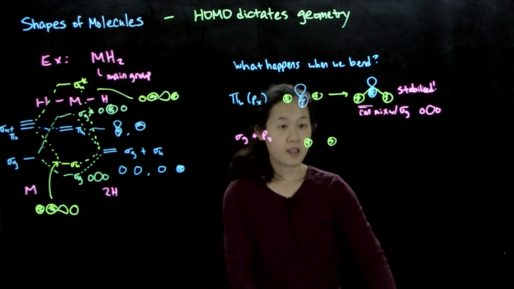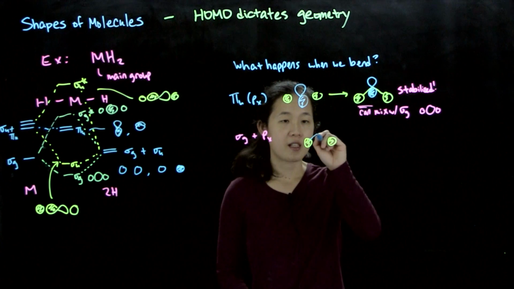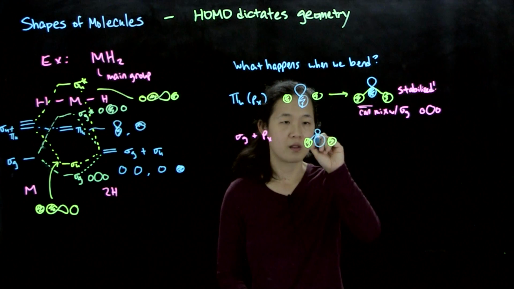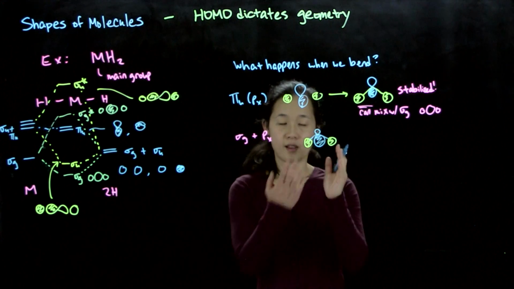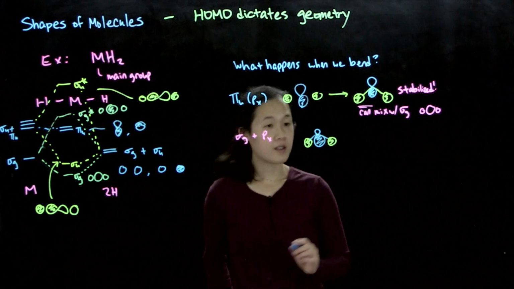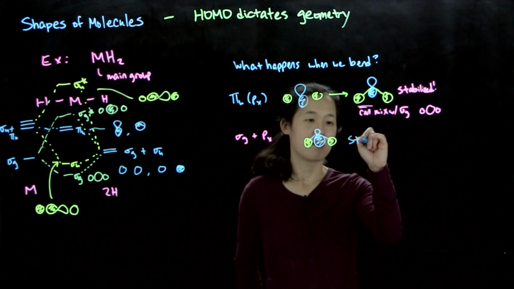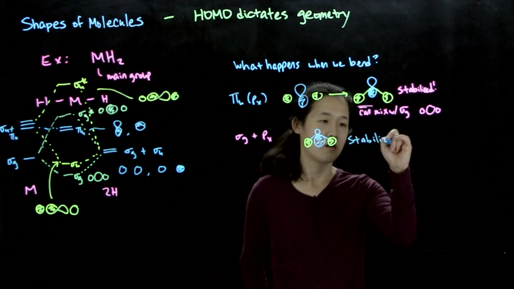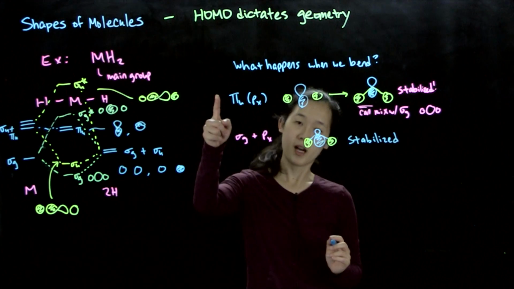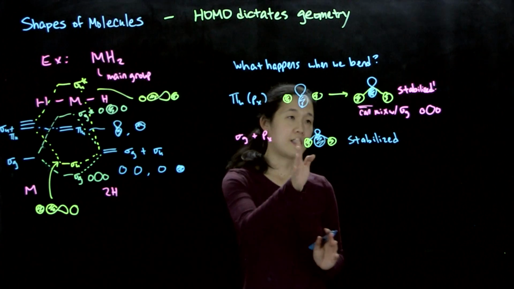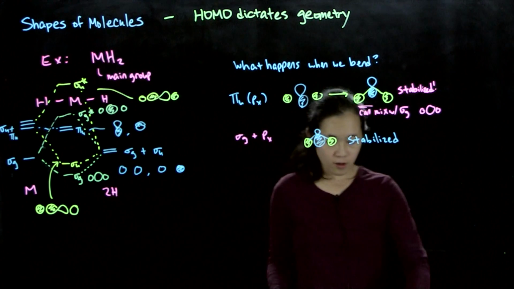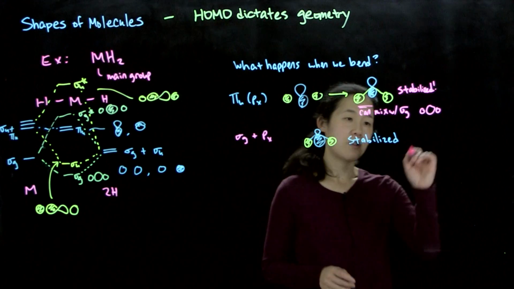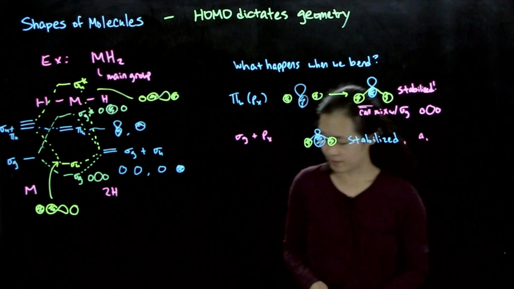And then we could draw the mixed combination like so, right? This is our mixed, stabilized. So mixing the pi u and the sigma g, this is stabilized. And then we can relabel this in the C2v geometry as A1.